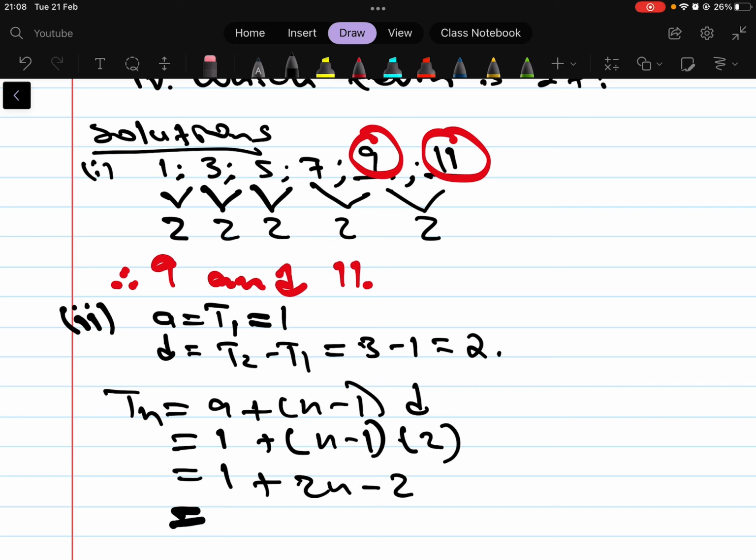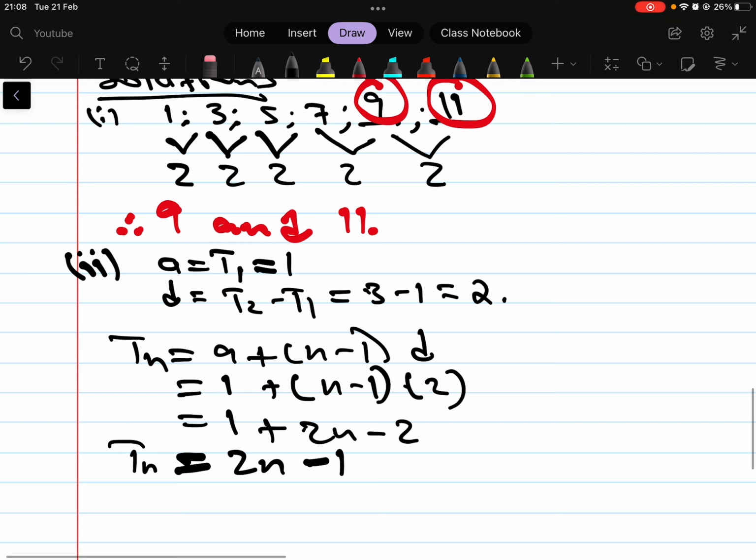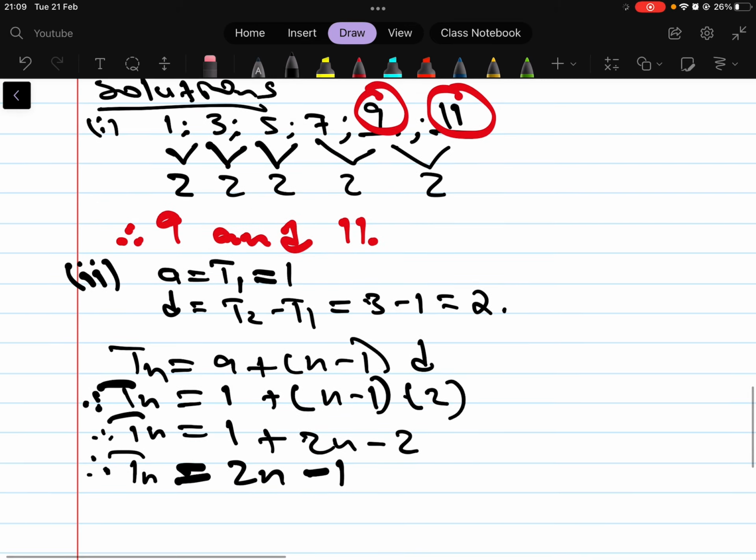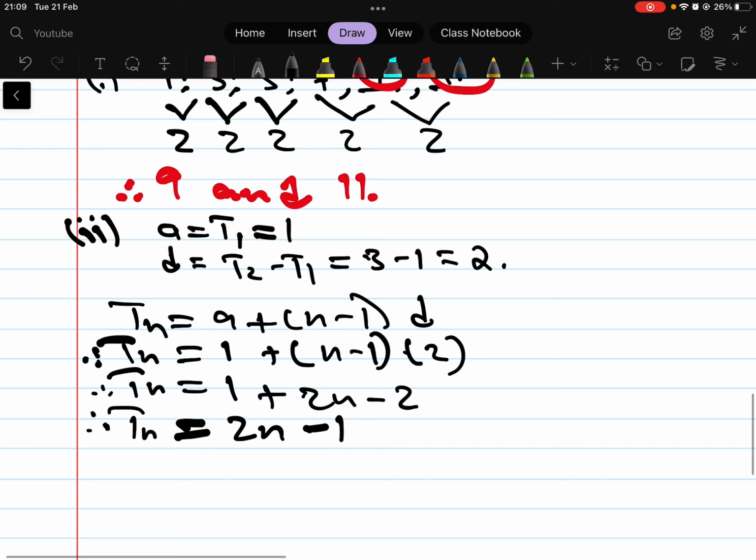Then the final solution is 2n; 1 minus 2 is minus 1, negative 1. Then you can just keep rewriting the tn. Therefore, you are done. You have the general equation or the nth term as they were asking you.